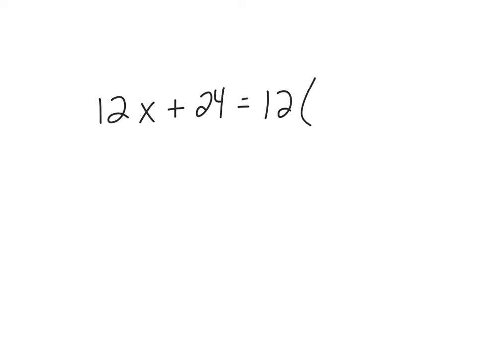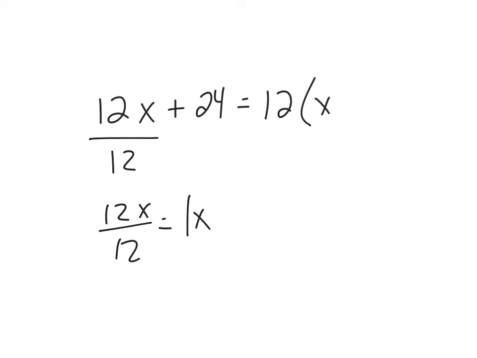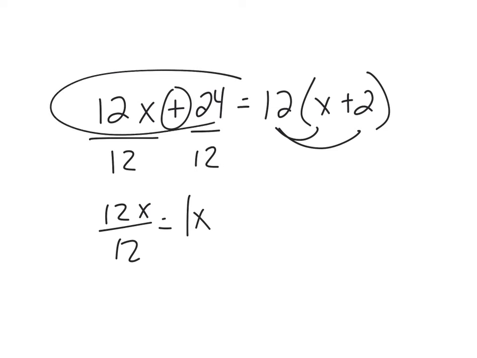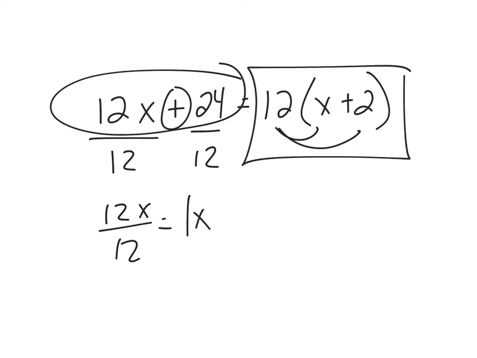And we can say, all right, I've got to divide by 12. So 12x divided by 12 is just going to be 1x, or x, plus, because there's a plus sign here, and then 24 divided by 12 is 2. So now if I redistribute it, 12x plus 24, there's my original statement. So we factored it into this.